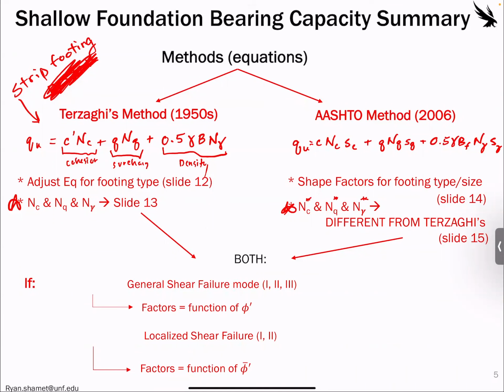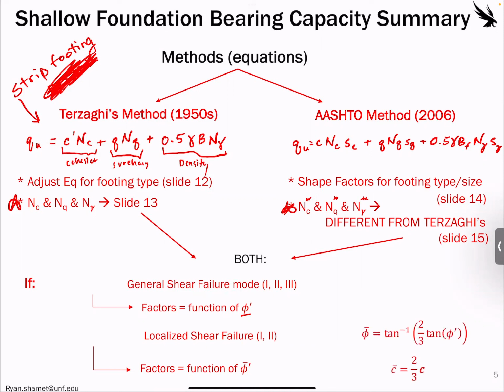Now, these were both developed for generalized failure. So for both of them, if you have generalized failure, then you would use these factors as a function of the friction angle. But if you didn't, then you would need to correct them for both of the cases.